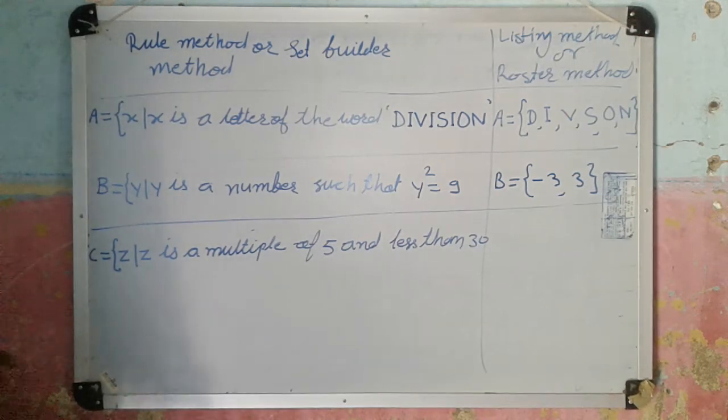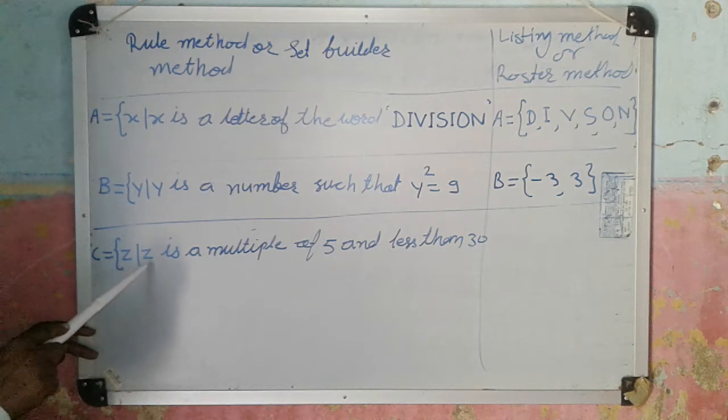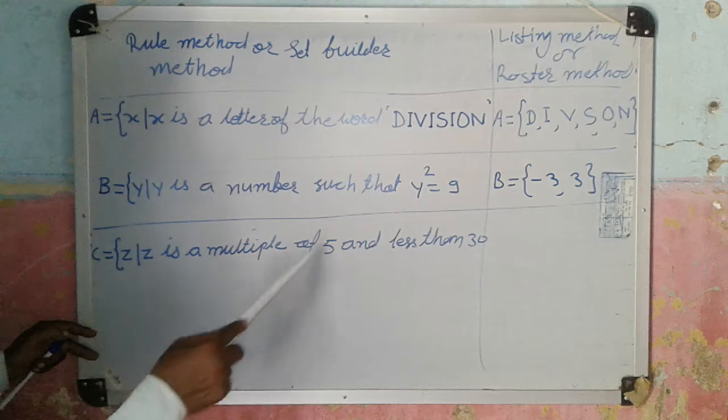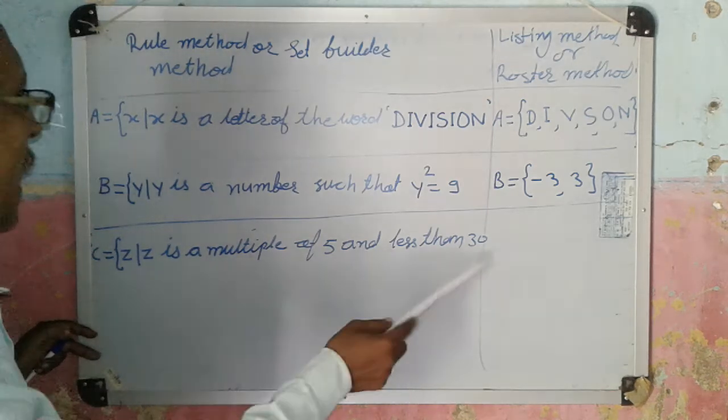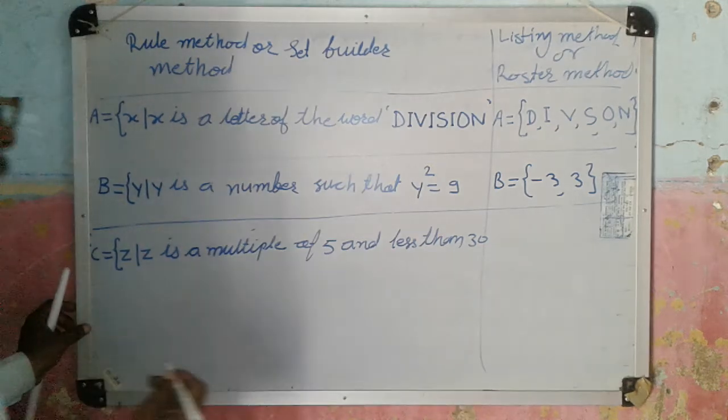Now the third example, C. C is a set of all z such that z is a number, z is a multiple of 5 and less than 30. So you have to write the numbers which are multiple of 5 and less than 30.